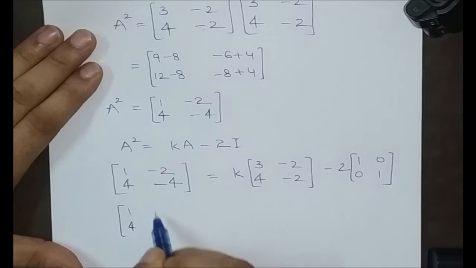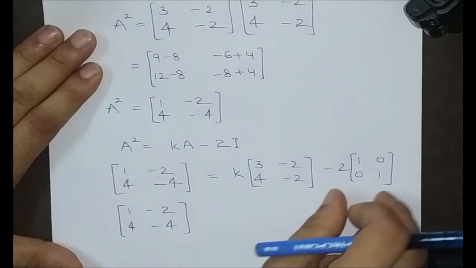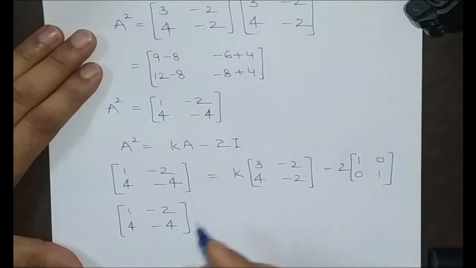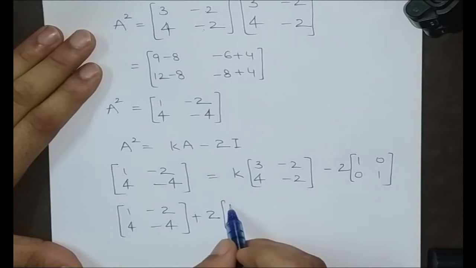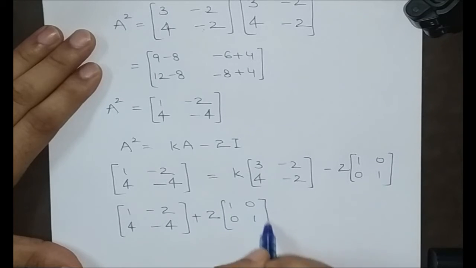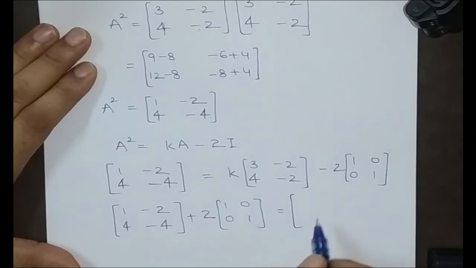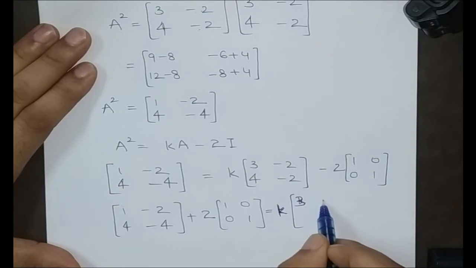Bringing this to this side, it becomes plus the identity matrix [[1, 0], [0, 1]], and it is equal to K times [[3, -2], [4, -2]].